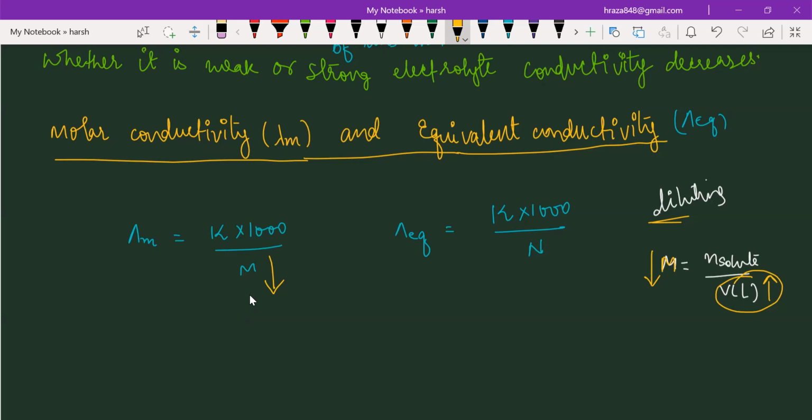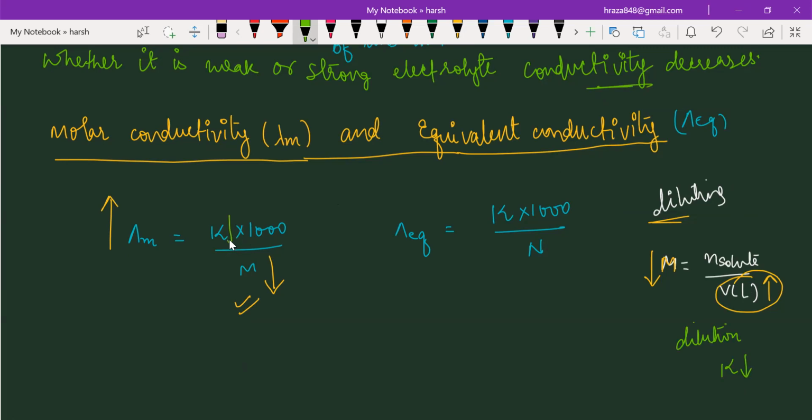If molarity increases, what will happen to conductivity? It will increase because they are inversely proportional. Now, as we just studied, due to dilution kappa decreases.